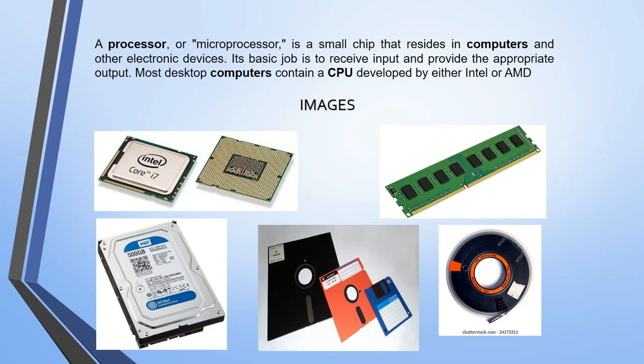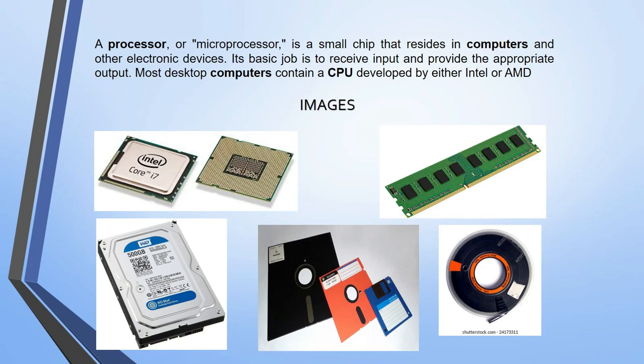A processor or microprocessor is a small chip that resides in computers and other electronic devices. Its basic job is to receive input and provide the appropriate output. Most desktop computers contain a CPU developed by either Intel or AMD. So the processor can be called an Intel processor or AMD processor.